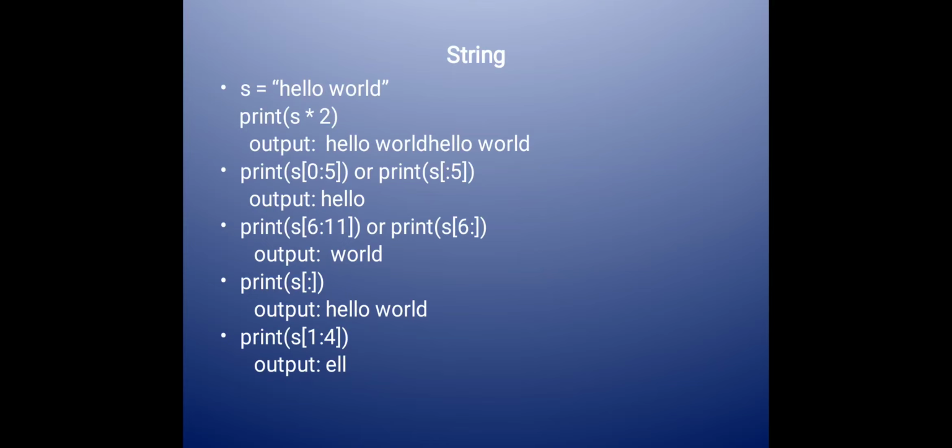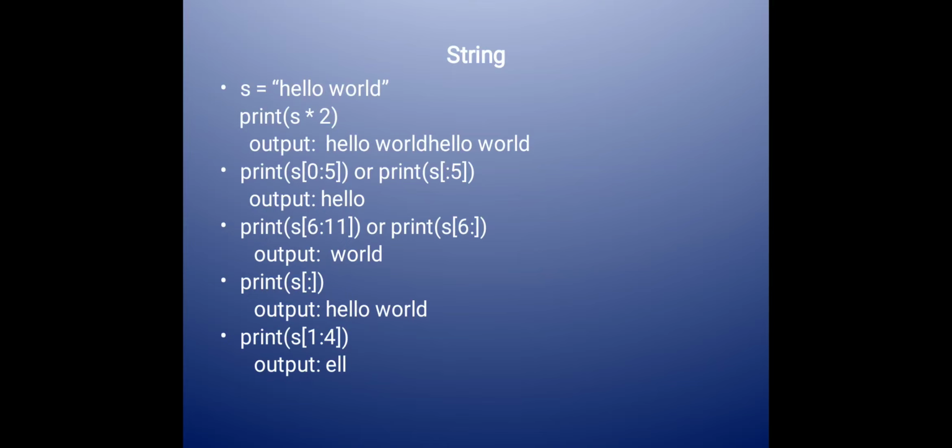The first is the starting index and the second is the ending index. That means 0 is the starting index and 5 is the ending index. It will print from the 0th index, that is h, and the ending index is 5, but it will print only up to the 4th index. It will exclude the 5th one. So the output will be hello.